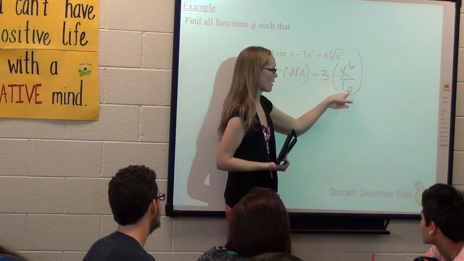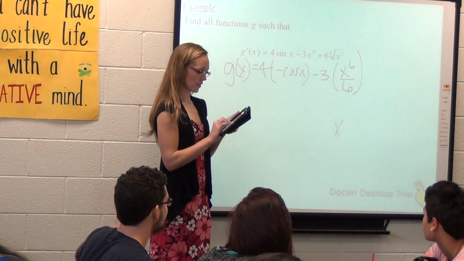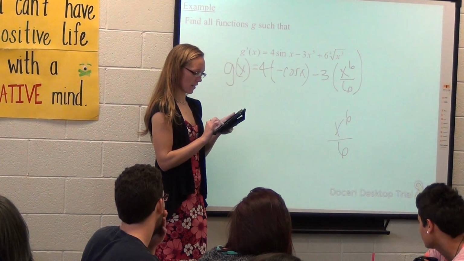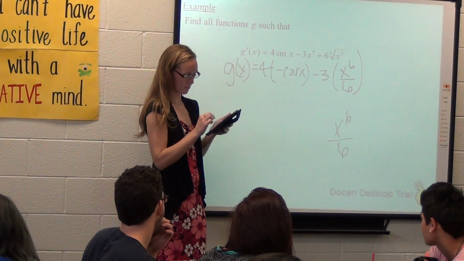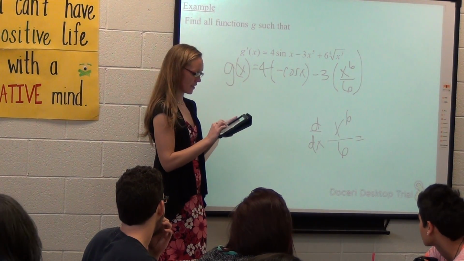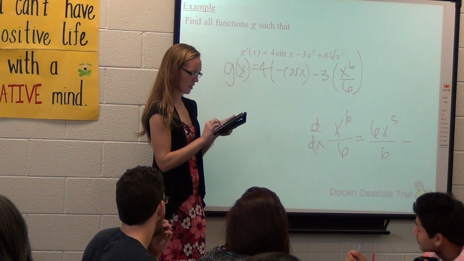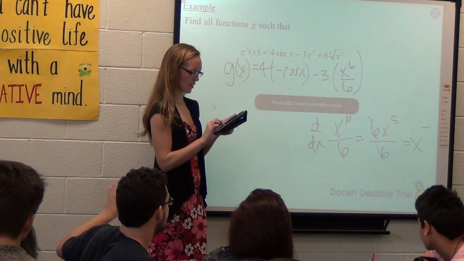You want me to derive this? If I find the derivative of x to the 6th over 6, then I bring the 6 down and subtract 1 from the exponent to get 6x to the 5th over 6. 6 over 6 cancels out and I'm left with x to the 5th.